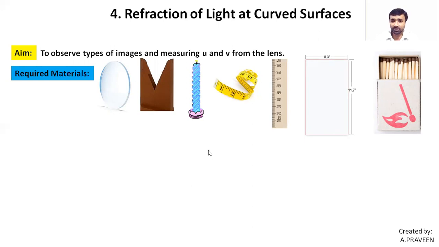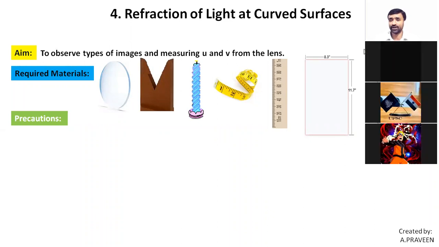Then before starting the procedure, we need to know the precautions. What precautions may you take here? Can anybody say? Here the precautions concern what you are measuring, object distance and image distance. Try to measure them accurately, taking values as accurate as possible. Then we are using the screen.